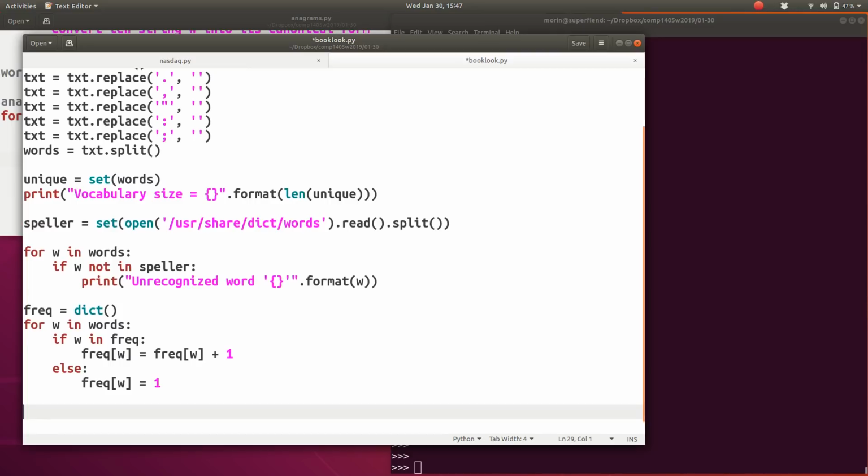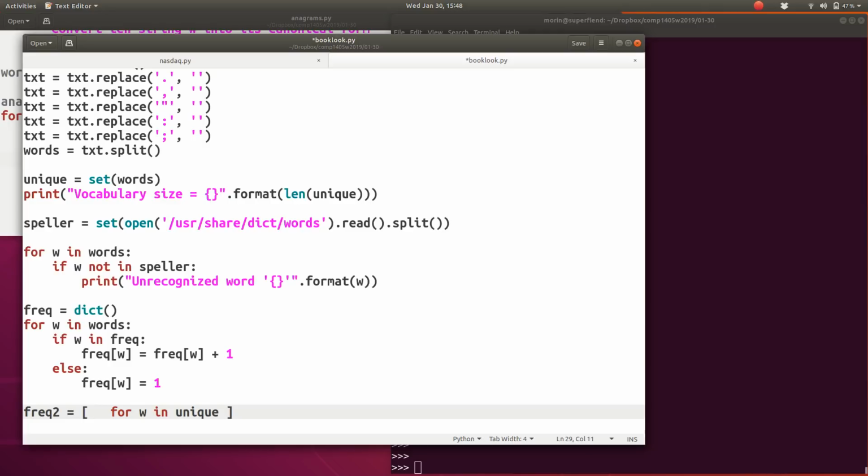So let's do that. Let's make something called freak2, which will be for every word in the word set, which we could use unique. Here's what we want.